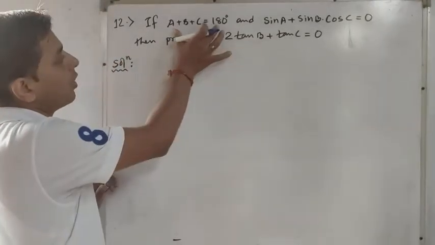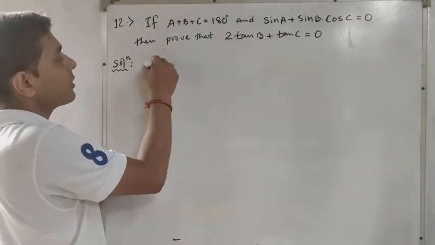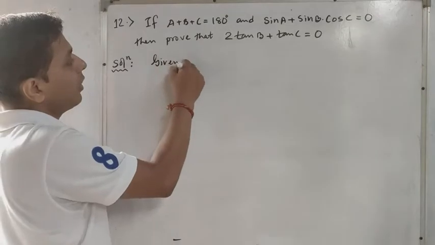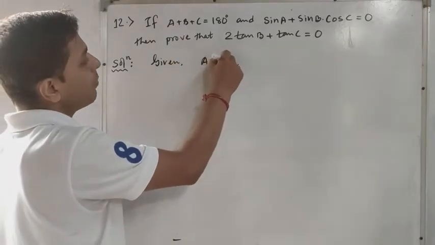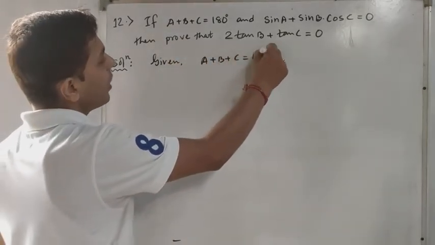Let us begin with the given clue, that is A plus B plus C is equal to 180 degree.